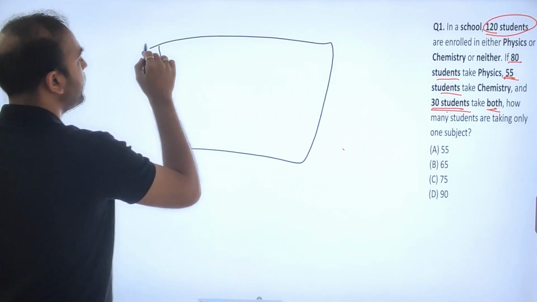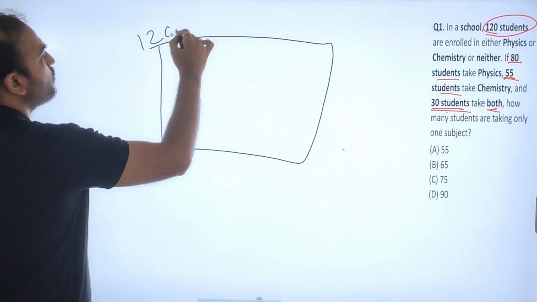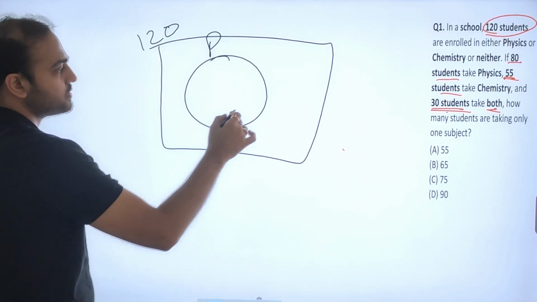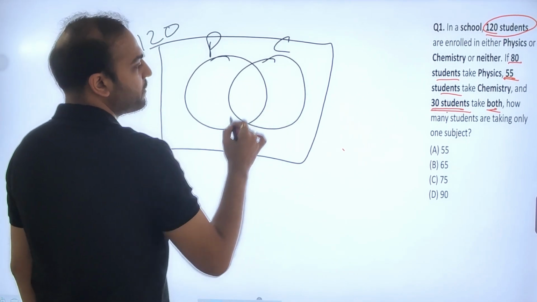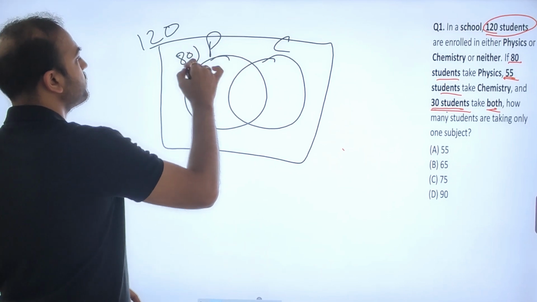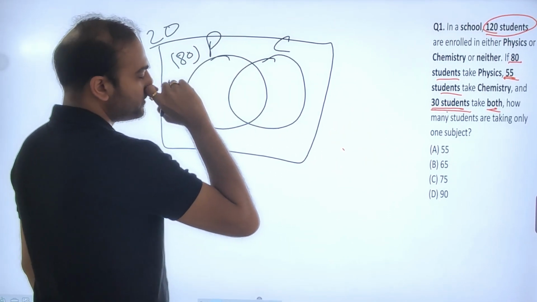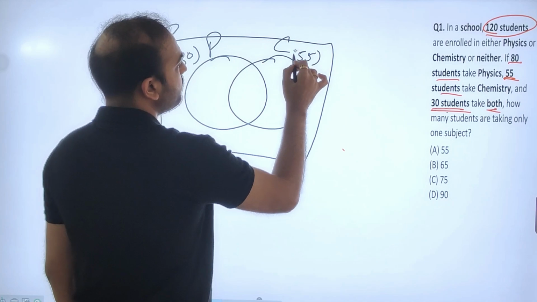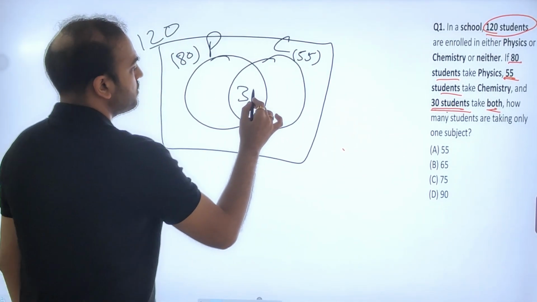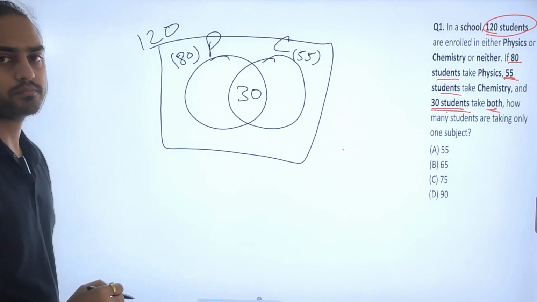So this is my Venn diagram. Total there are 120 students. Some people study physics, some study chemistry. Physics I know total is 80. Chemistry I know total is 55. 30 students study both, so 30 students will come here.